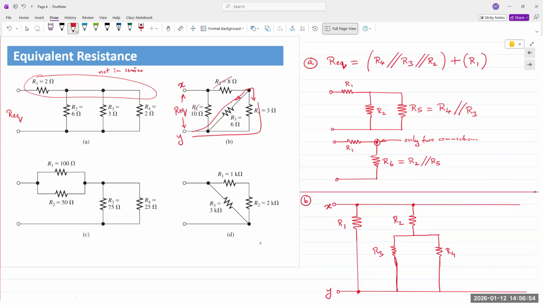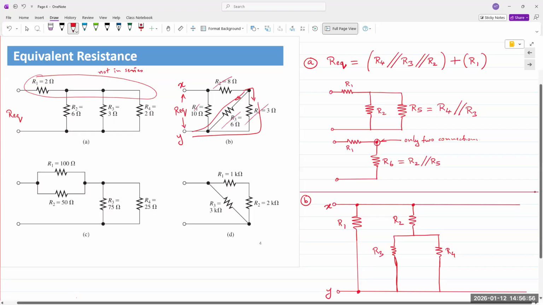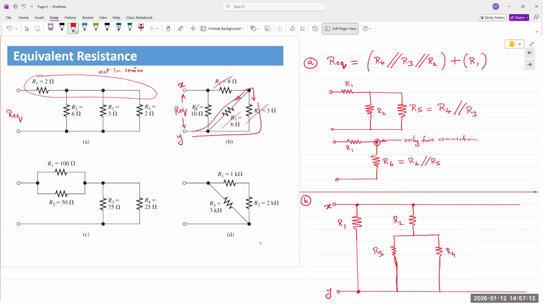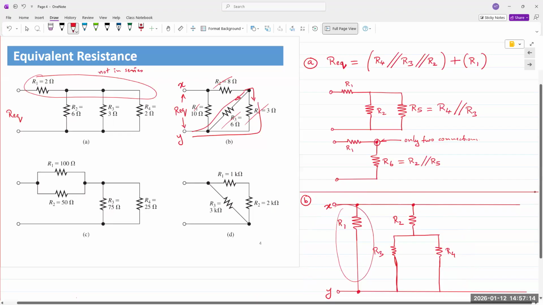I got 1, 2, 3, and 4. All of them are accounted for. And I have my circuit. All I have to do at this point is reduce each individual branch that I have here in this diagram to one single resistance, and then find REQ. So then I have this branch, and I have this branch.